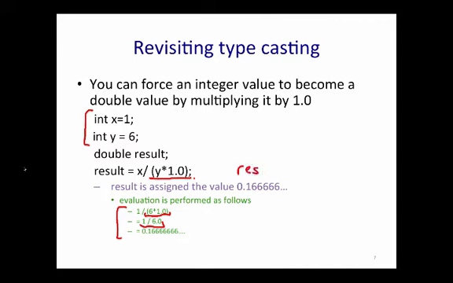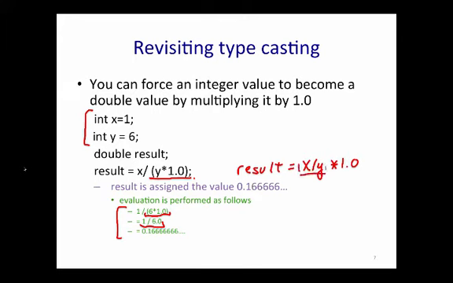Note that if I had been careless and written it like this, the outcome would actually have been 0. And the reason is because without the parentheses, division and multiplication have equal precedence and they're evaluated left to right.